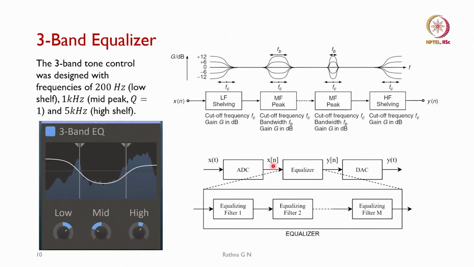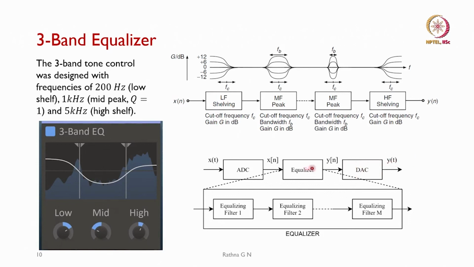After converting, we get x of n as our input, which passes through the equalizer, and y of n is our output. If I want to convert this back to audio, that is the time domain, I have to use the DAC, and then y of t will be the output.